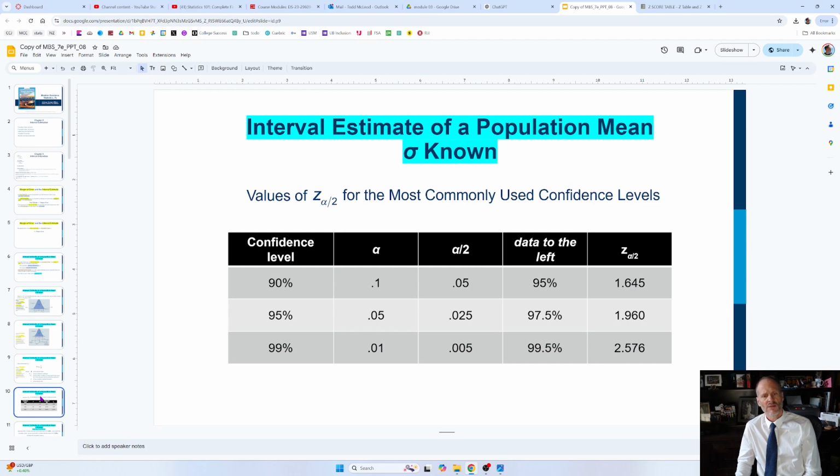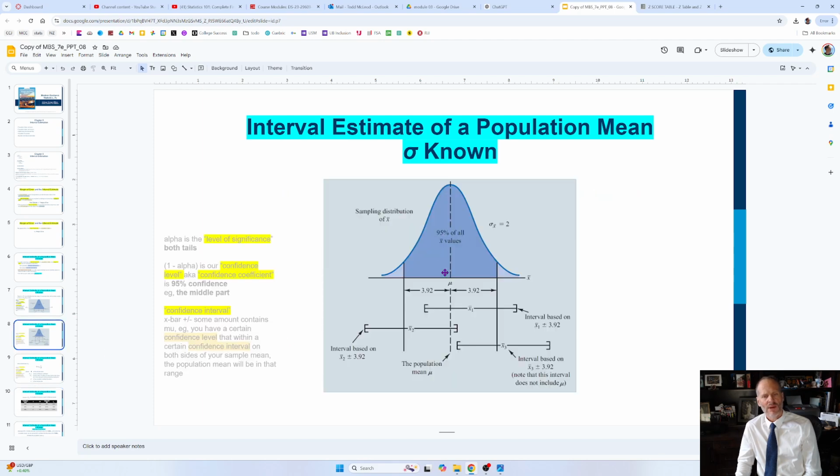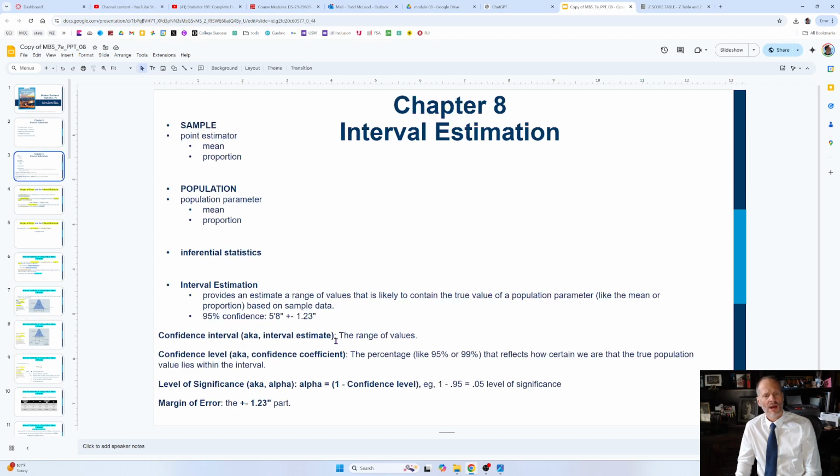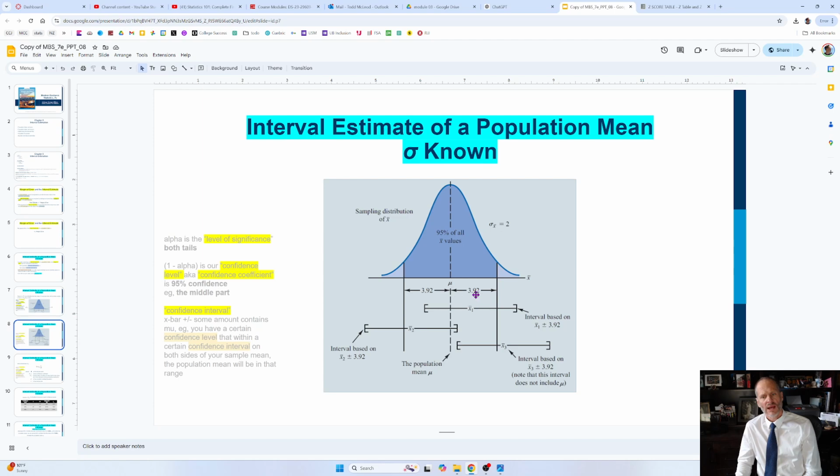And so if you look at this, let's say we want a 90% confidence level, or 95%, or 99%. Let's do 95%. 95% of the time, our sample mean will have a margin of error, and this confidence interval or interval estimate will contain the population mean, right?